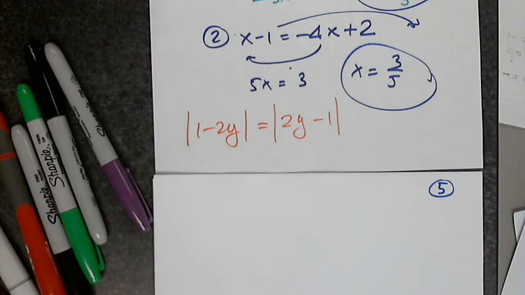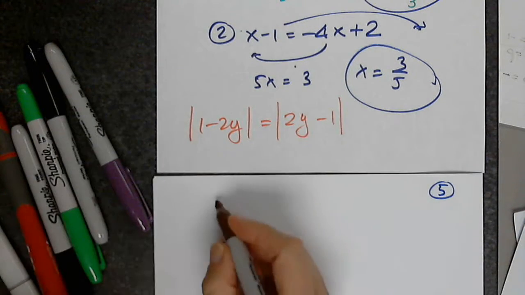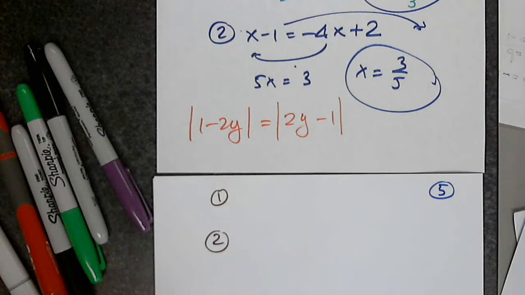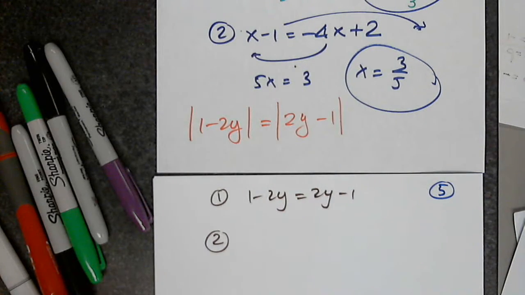What do I have to write in this case? Option number 1 and option number 2. Option number 1: 1 minus 2y equals 2y minus 1. Perfect. And option number 2.